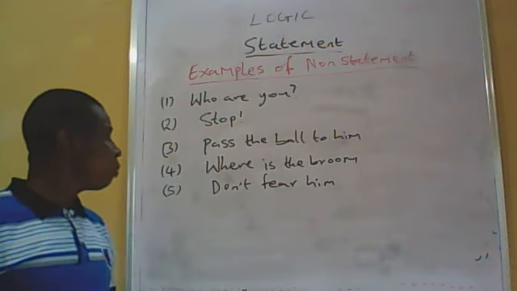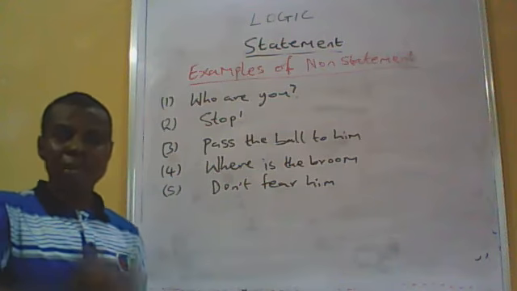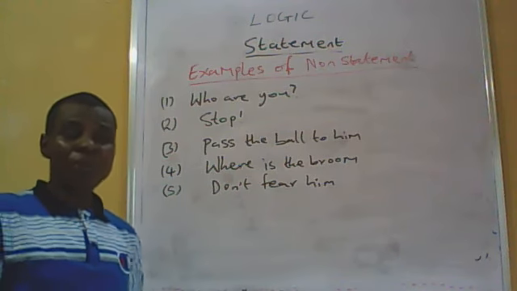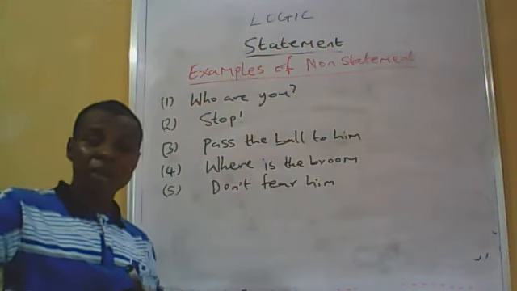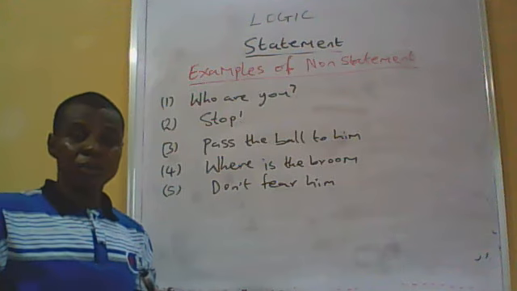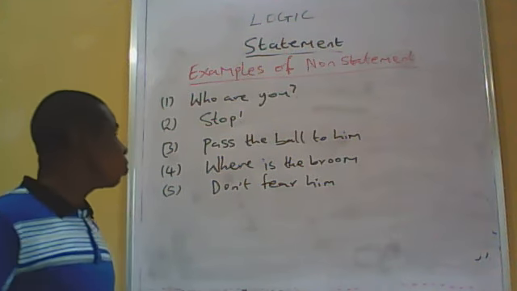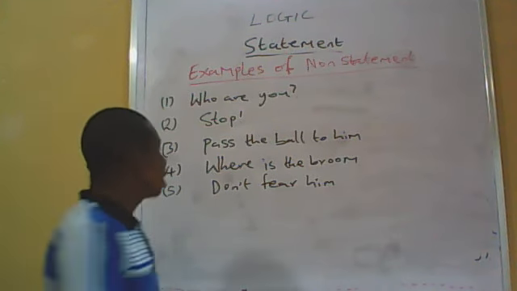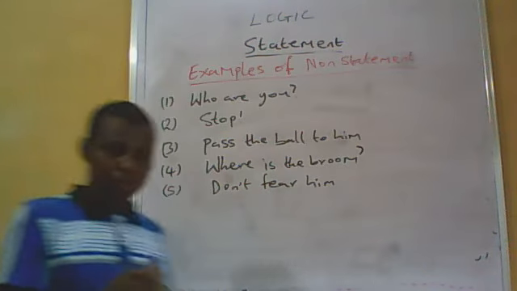Another one is pass the ball to him. You are advising somebody, maybe you are on the field playing football, then the coach will tell you to pass the ball to your colleagues. It's an advice. It can't be judged to be true or false. Another one is where is the broom?